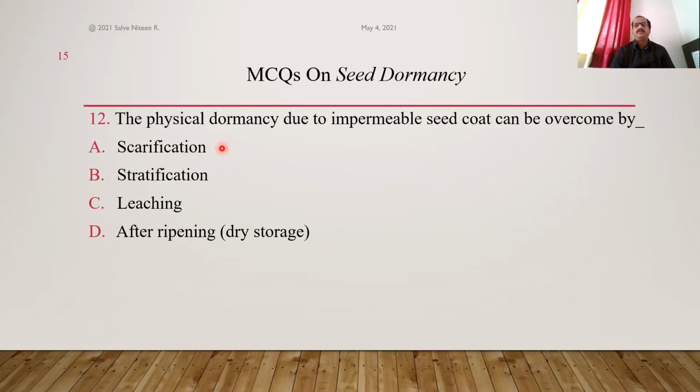Scarification means softening of the seed coat, softening of the seed covering, either by some mechanical means, by using some abrasive substance like sandpaper, or using some acid, that is called acid scarification, like H2SO4 or HCl acid can be used, or hot water treatment is given, or water moist scarification is also given to soften the seed covering so that physical dormancy is broken down. So physical dormancy can be broken down by scarification methods. A is the answer.